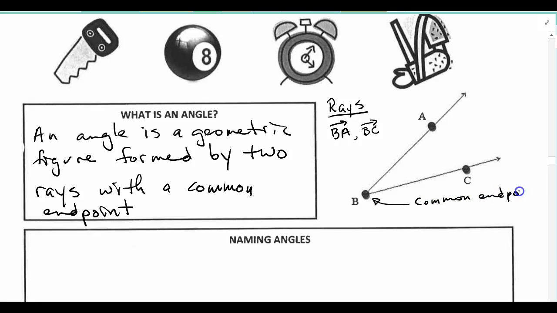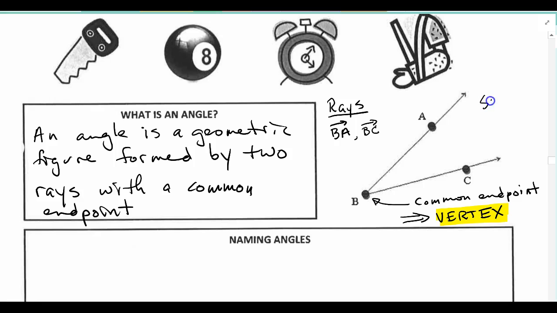So their common endpoint here, this is the common endpoint. And this common endpoint has a name, and we call that the vertex. Okay, so our angle has a vertex. In this case, the vertex is B. And the two rays, they also have names.